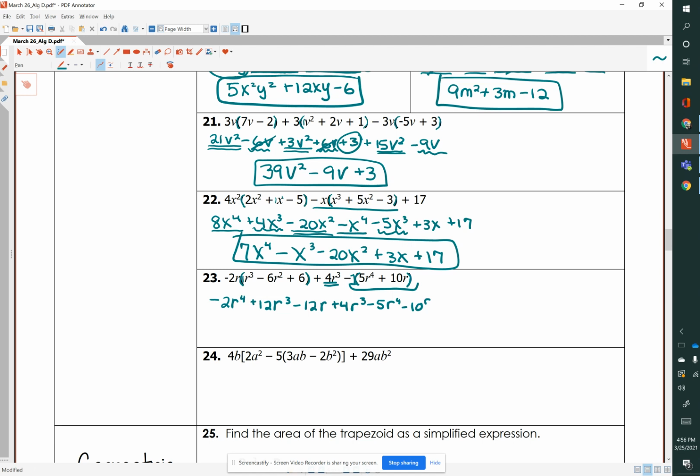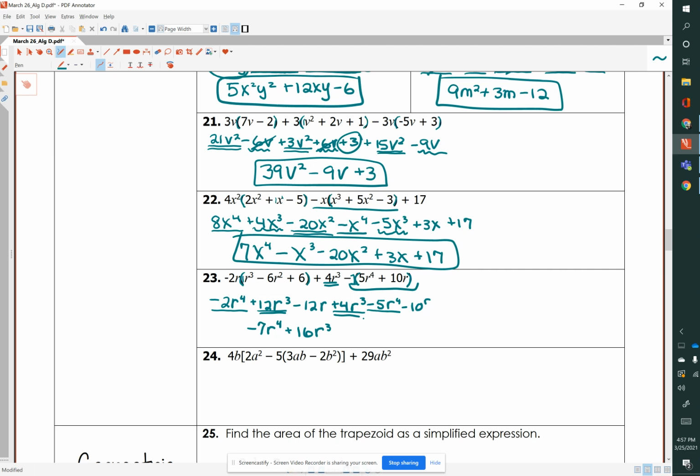So let's combine like terms. So negative 2r to the fourth minus 5r to the fourth. Negative 2 minus 5 is negative 7r to the fourth. Now, positive 12r to the third plus 4r to the third. 12 plus 4 is 16r to the third.